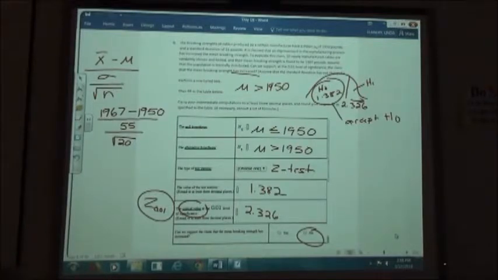So hit stat for me and go to test. Number 1 is your z-test. Yep, there, 1950. Oh, the standard deviation was 55. Oh, this is supposed to be 20 instead of 50. This problem, we only had 20 in our sample. And then we want to do the greater than, and then go to draw.